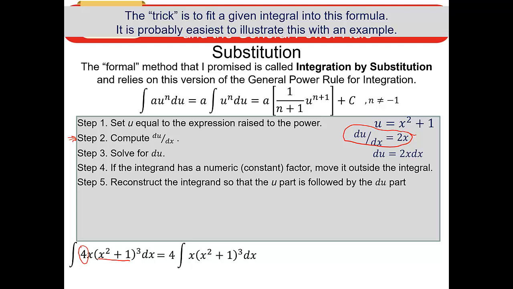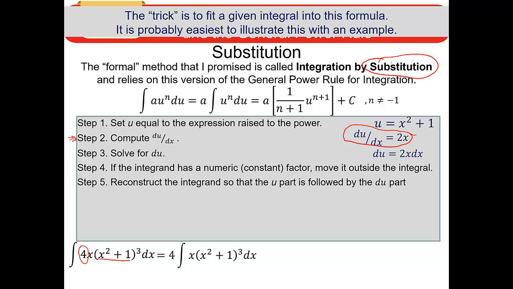Next, and this is the important part, well, it's all important, but this is a crucial part. Reconstruct the integrand so that the u part is followed by the du part. In other words, you're going to make a substitution, hence the name, but you need to get the u stuff together and the du stuff together so you can do that.